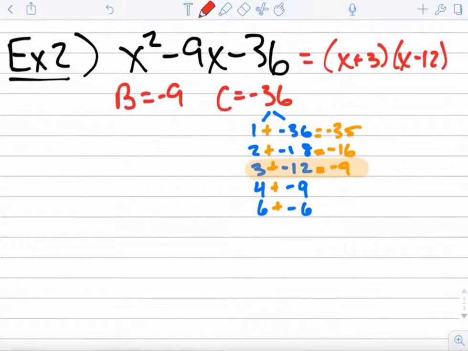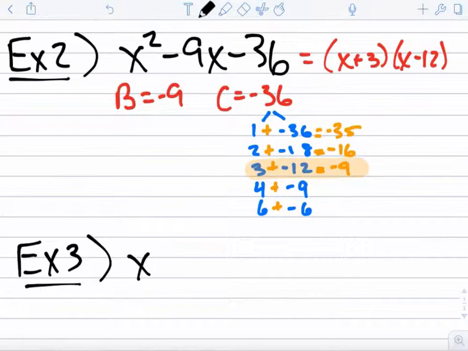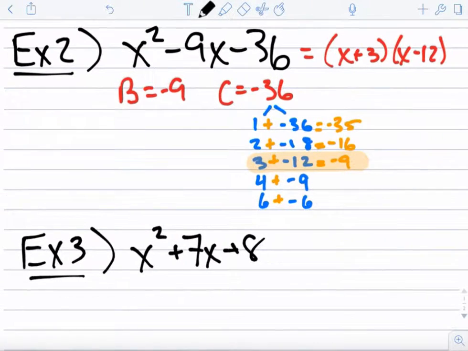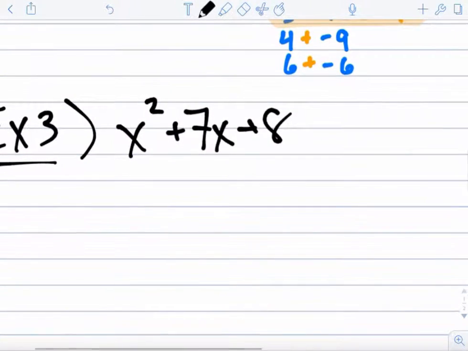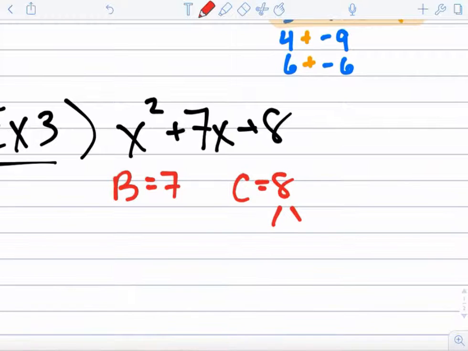Okay, let's look at another one. Example 3, x squared plus 7x plus 8. Looking for B, which is 7, and C, which is 8. Factors of 8 are 1 and 8, 2 and 4, negative 1 and negative 8, negative 2 and negative 4.